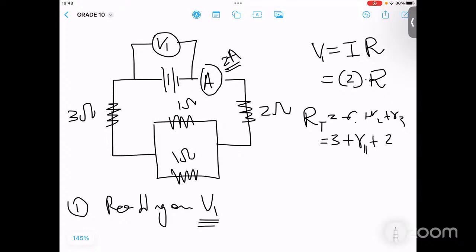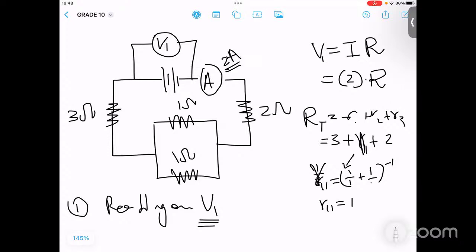Now you need to work out the R parallel. Trust me, you know the formula. Let me not write the formula. It will be 1 over 1 plus 1 over 1. If you work it out, it's going to end up being 1. So now you have 1 there. And then 3 plus 1 plus 2 is 6.